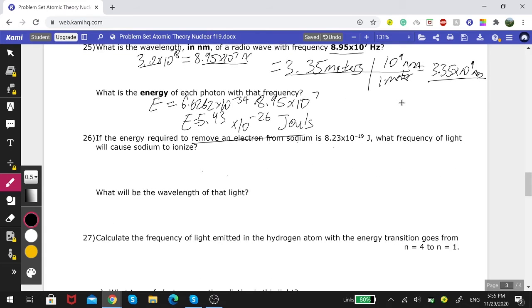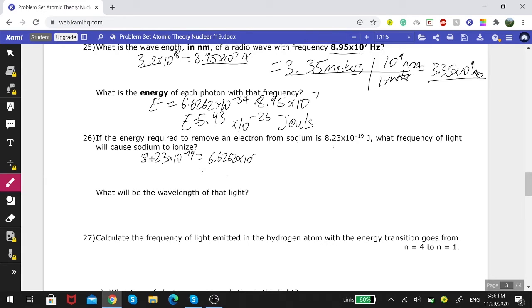Now, if the energy required to move an electron is that much, what is the frequency? Alright, so 8.23 times 10 to the negative 19th is equal to 6.6262 times 10 to the negative 34th times x.